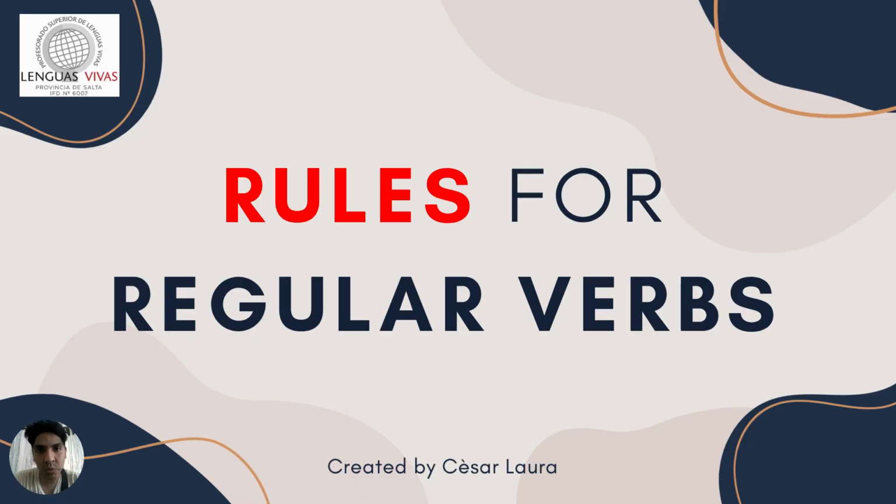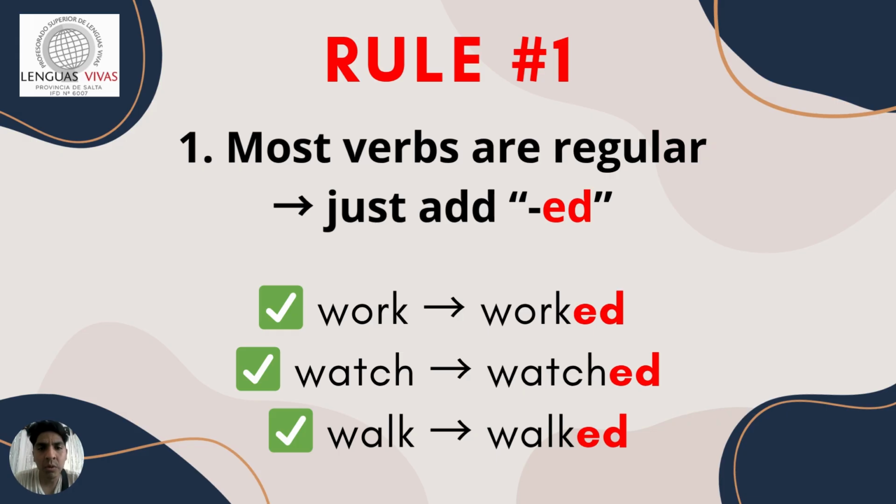There are six rules, and let's see the first one. Rule number one. Most verbs in English are regular, and with these verbs, all you have to do is to add ed at the end of these verbs. As you can see in the slide, ed is in red, and here we have examples.